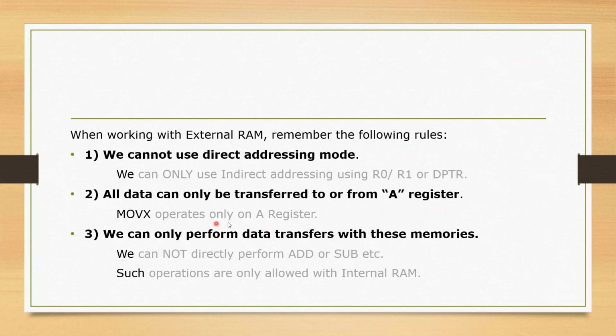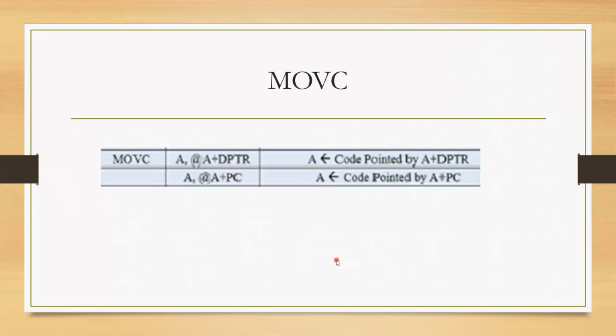MOVX operates only with the accumulator. We can only perform data transfer with these memories. We cannot directly perform add or subtract, etc. Such operations are only allowed with internal RAM.